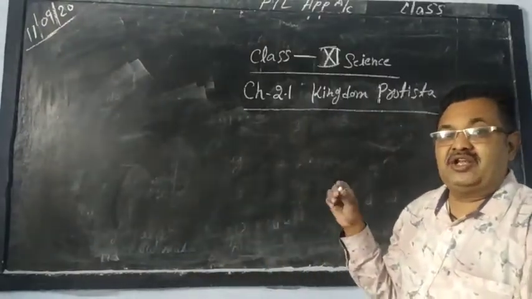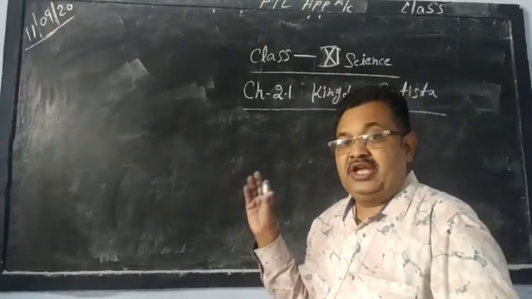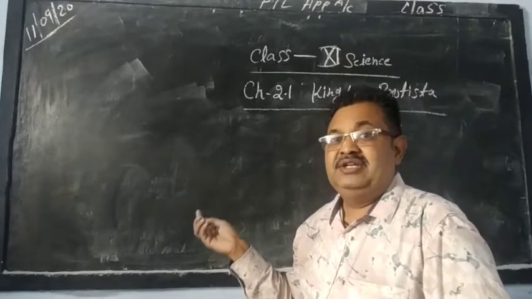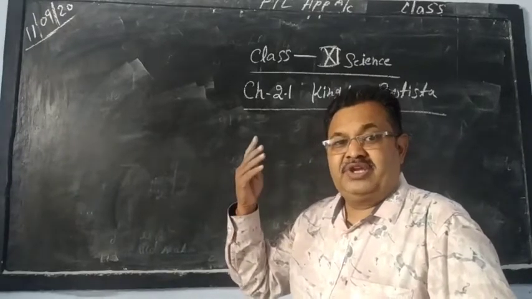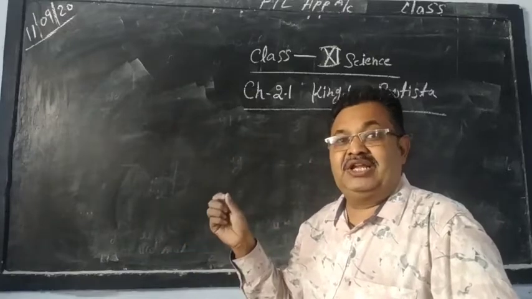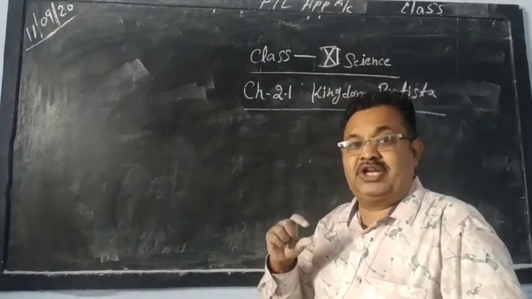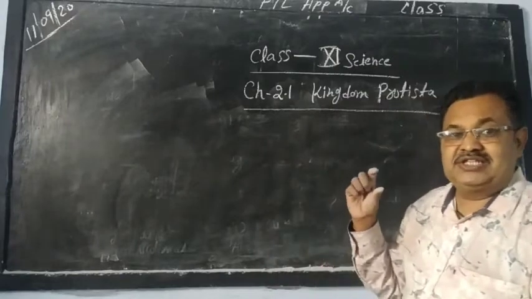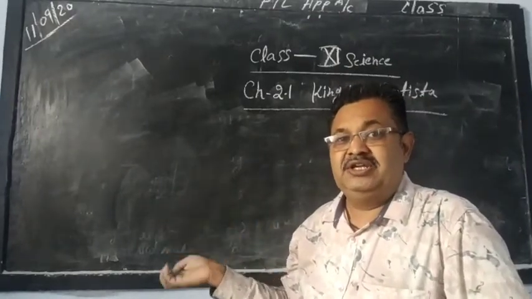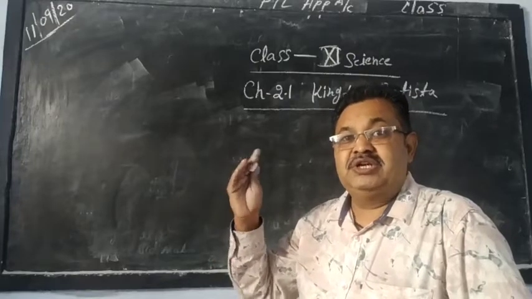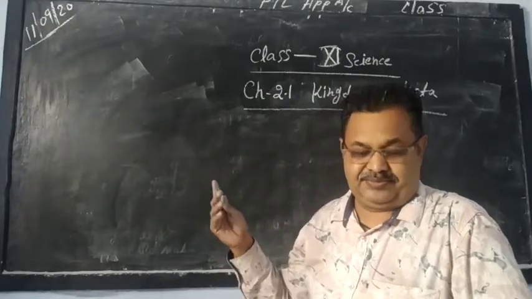These cells are eukaryotic. In a eukaryotic cell, the nucleus is well developed, but in a prokaryotic cell, the nucleus is not at a well developed stage. So eukaryon means well developed nucleus.